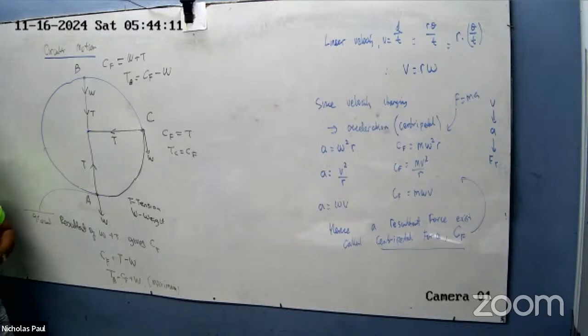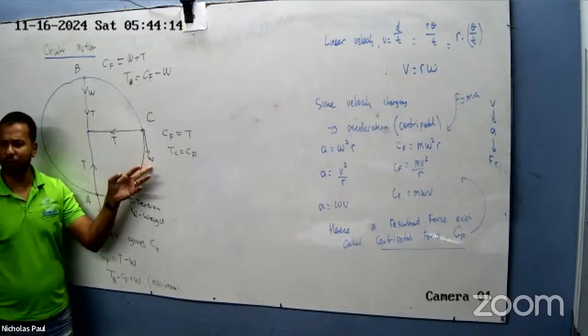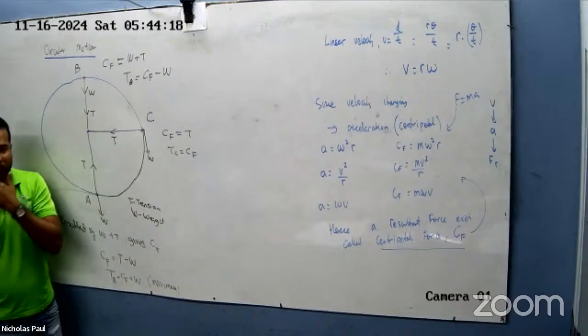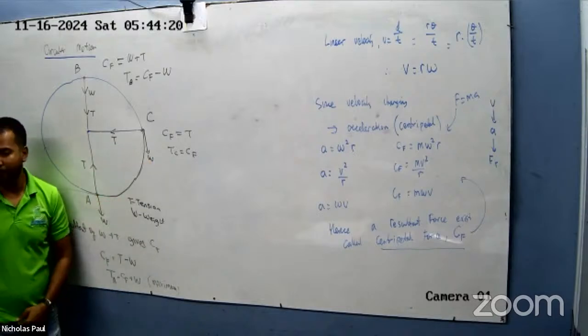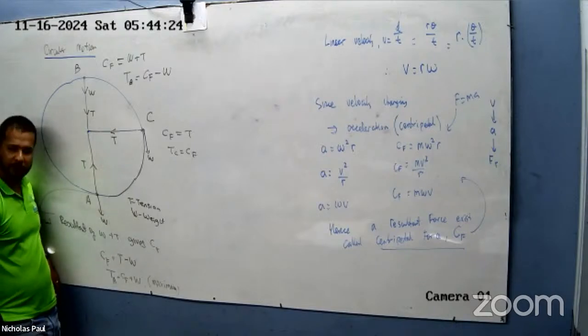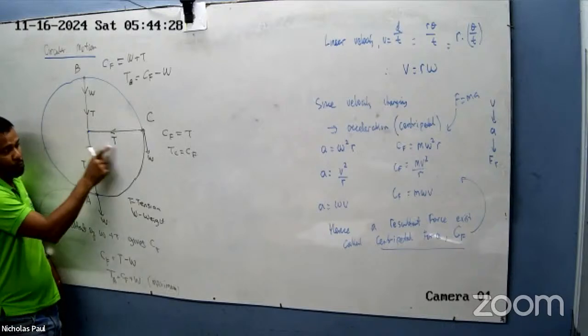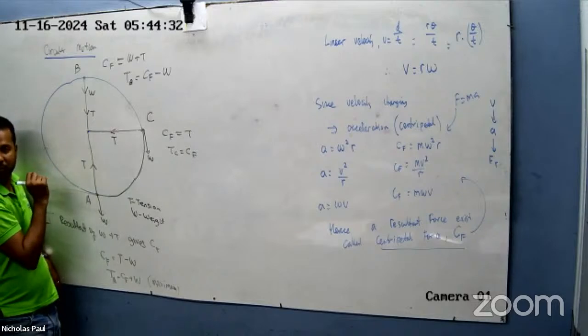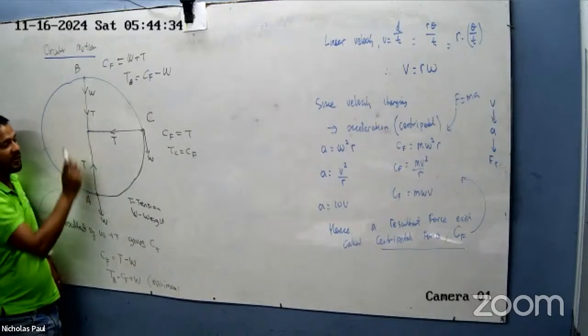Nice. Why did I not include weight here, Jacob? You're close, but I want a better answer than that. I'll give you a small note on that. Why did I not include weight here, only tension, but I included it here and here?